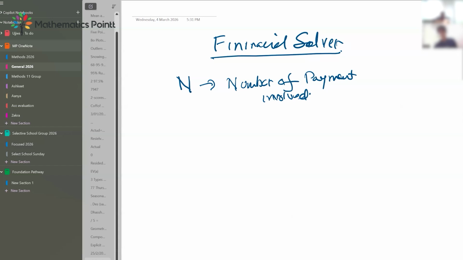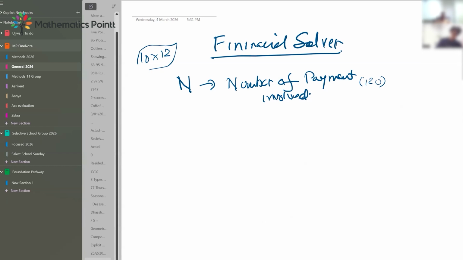So, for example, if I have a loan or an investment scenario where someone has invested for maybe 10 years and they're doing, let's say, monthly payments or repayments, then N will be 120. Not the years, the total payments involved.